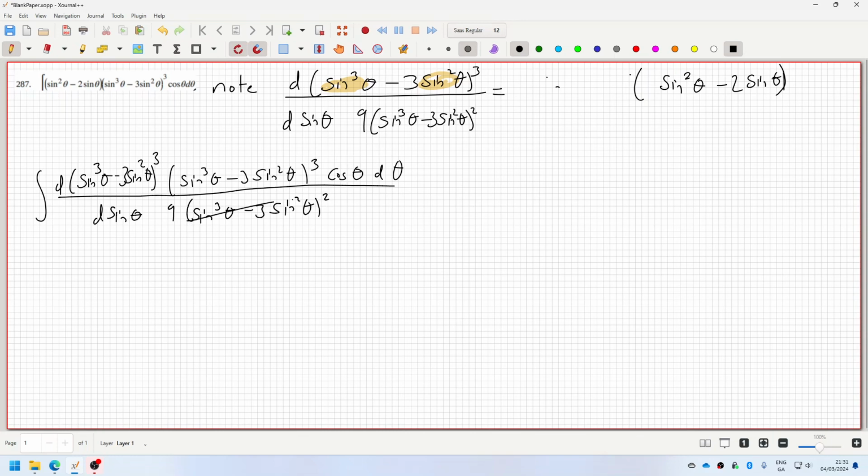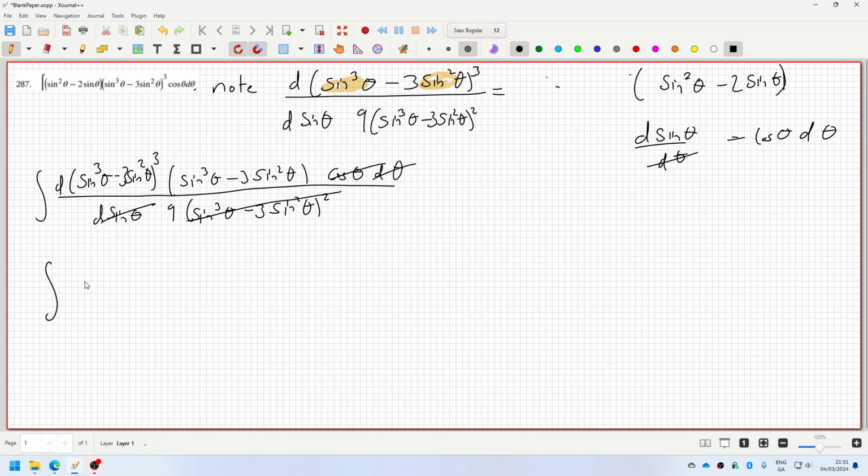So that would cancel with that. Sorry, not with that. With that. And then if d sine theta d theta is cos theta, then d sine theta equals cos theta d theta. So those two would cancel with that.